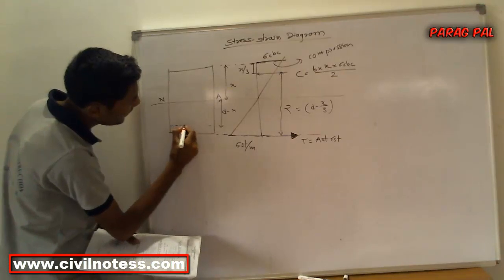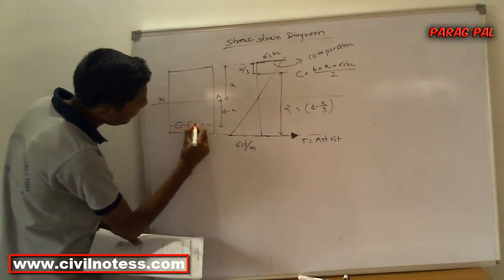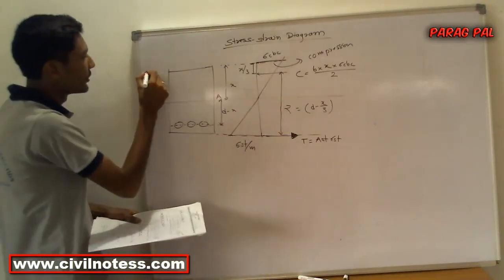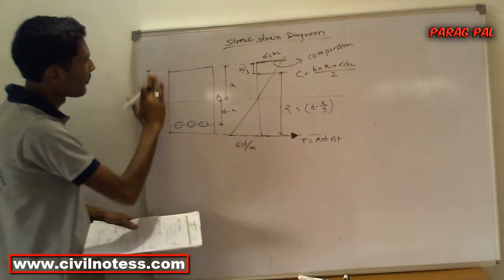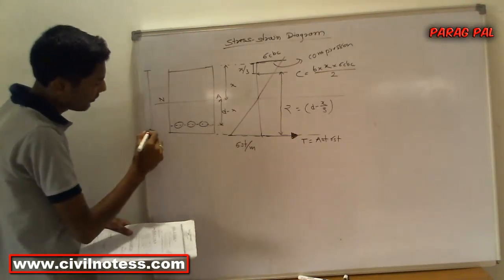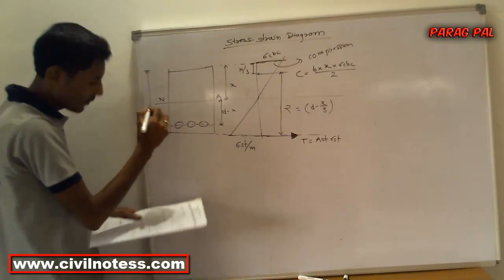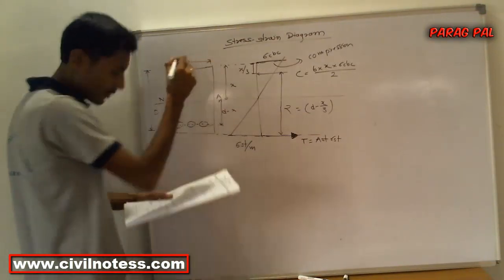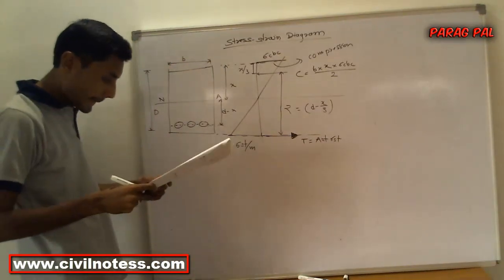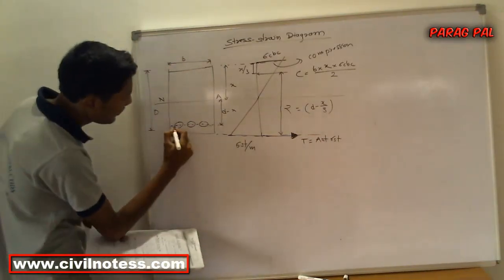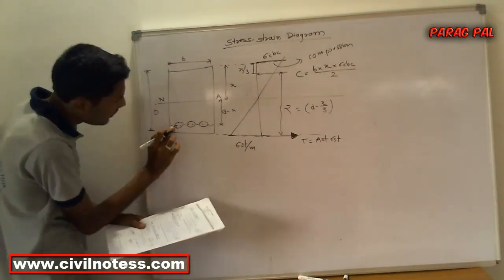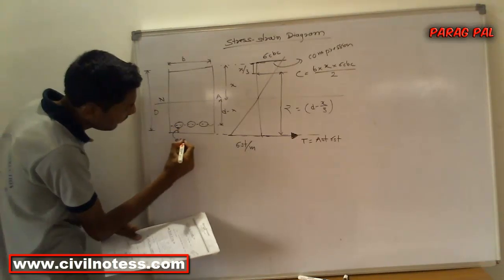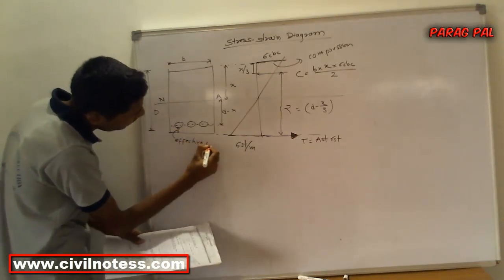I'll also explain what exactly the effective length is, because the effective length is also really very important to know. So this is the total D, and this is B. And from this up to this, this is exactly the effective cover.